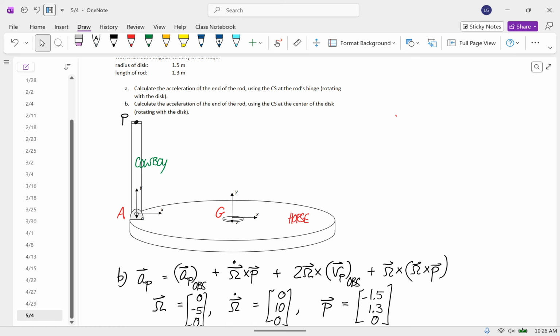Okay, what does that mean? What that means is all of these rotations are still happening the same, but we're going to treat it as if A was the fixed point and everything else was rotating around A. Imagine that this is gone and this whole disk is just rotating around A as this rotates around the hinge.